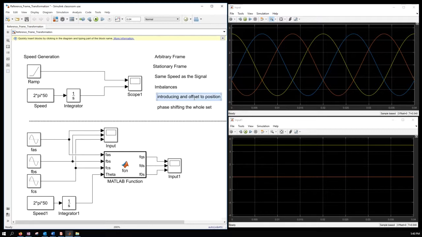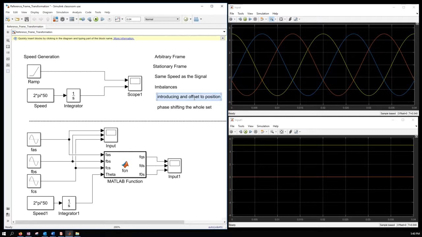The signal frequency is the same as your reference frame frequency, or the reference frame speed. However, they have a relative offset, which means they are slightly off in terms of alignment. They are moving together with each other, however, with a slight offset.